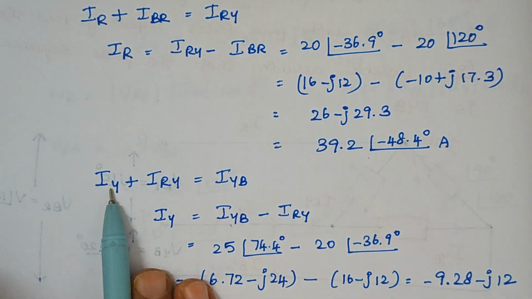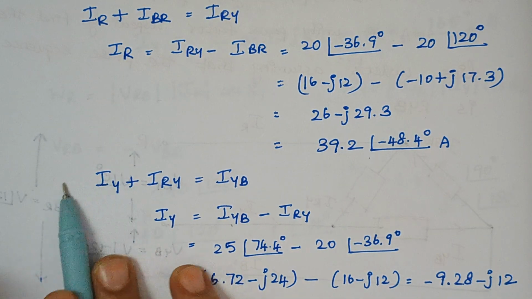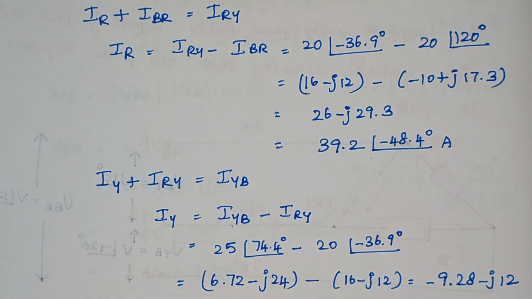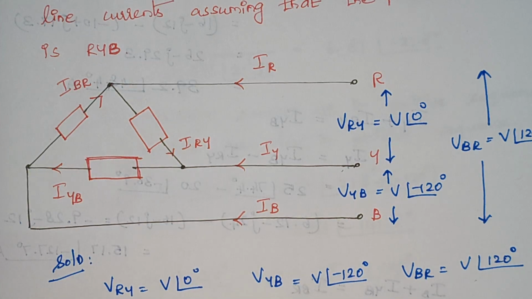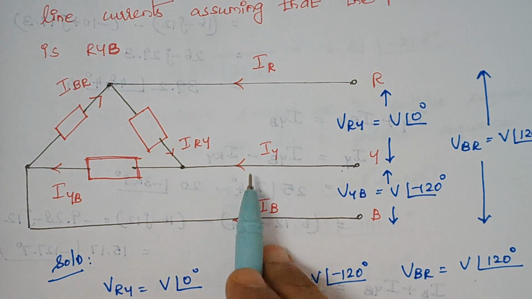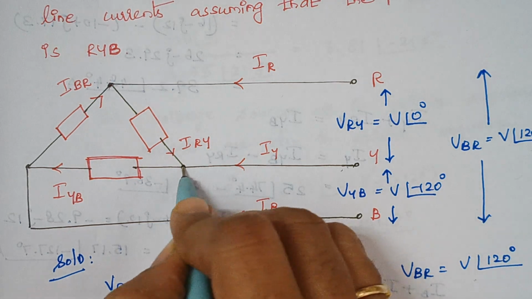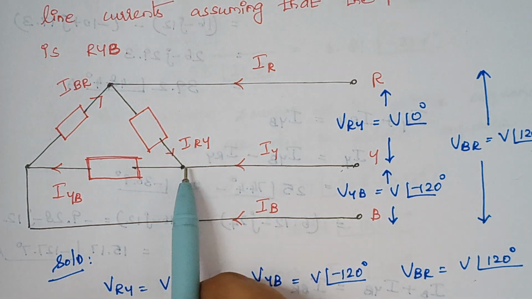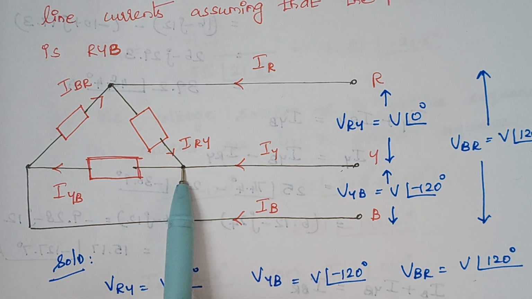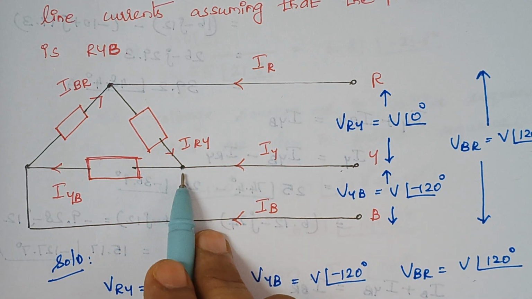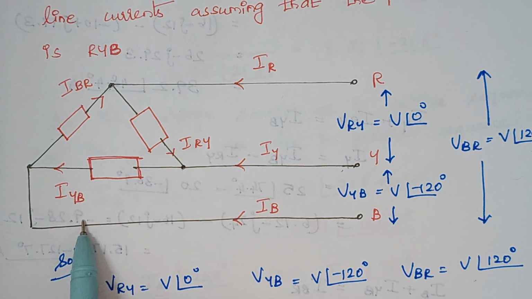Similarly, the next thing is to calculate IY. Looking at the diagram, this is IY, so consider this node. The currents flowing towards the junction are IY and IRY, and the current flowing away from the junction is IYB.